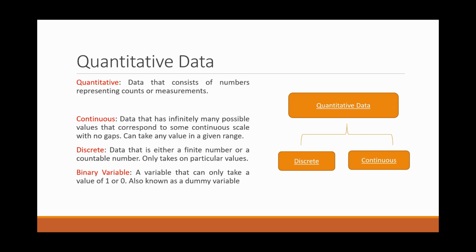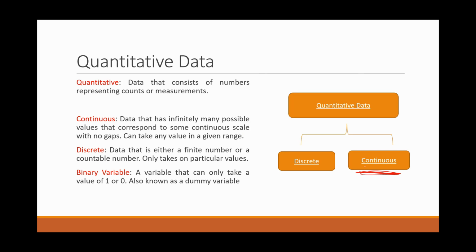All right, so a continuous variable, we could say, a variable that contains continuous quantitative data, is data that can take on an infinite number of possible values within a given range. All right, it can take any value within a range.